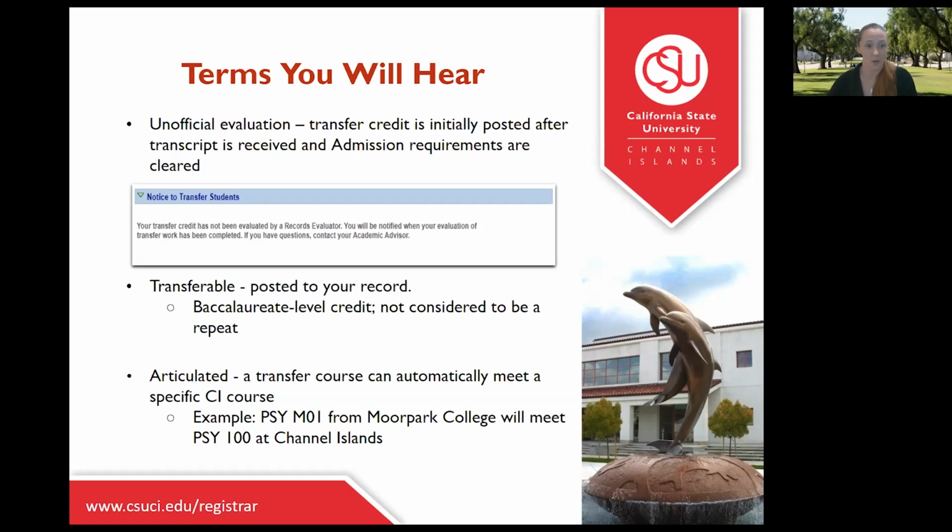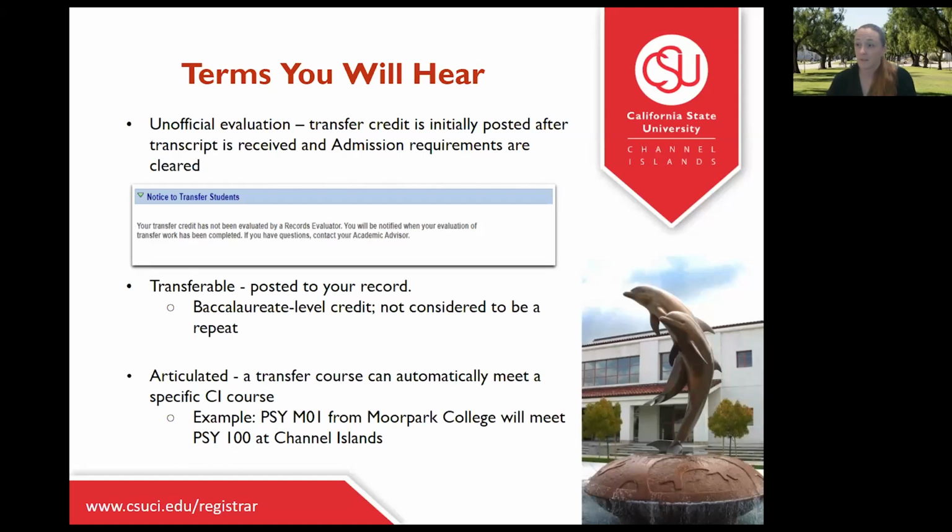If you were to run your CAR, which Rocio will go over in a little bit, you'll see a notice that says you will be notified when your transfer credit evaluation has been completed. So please keep in mind that your transfer credit evaluation is considered unofficial until one of our evaluators in the registrar's office has reviewed everything.